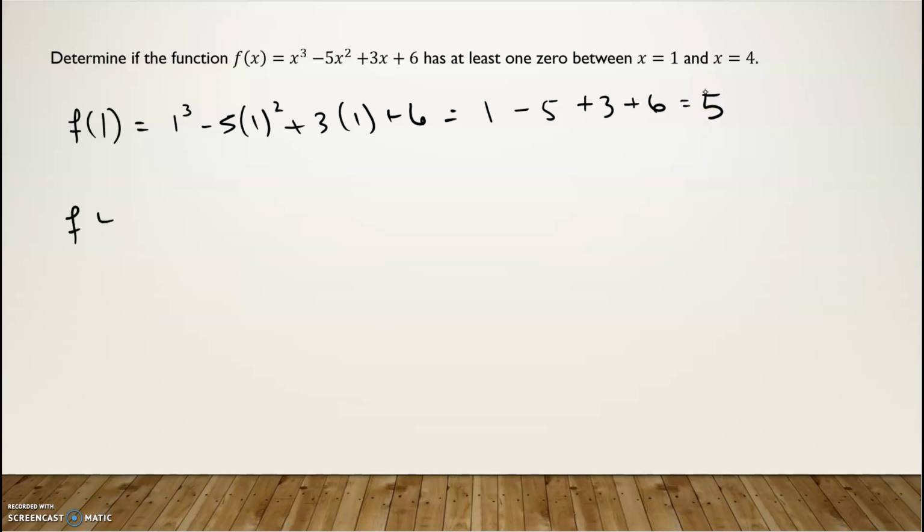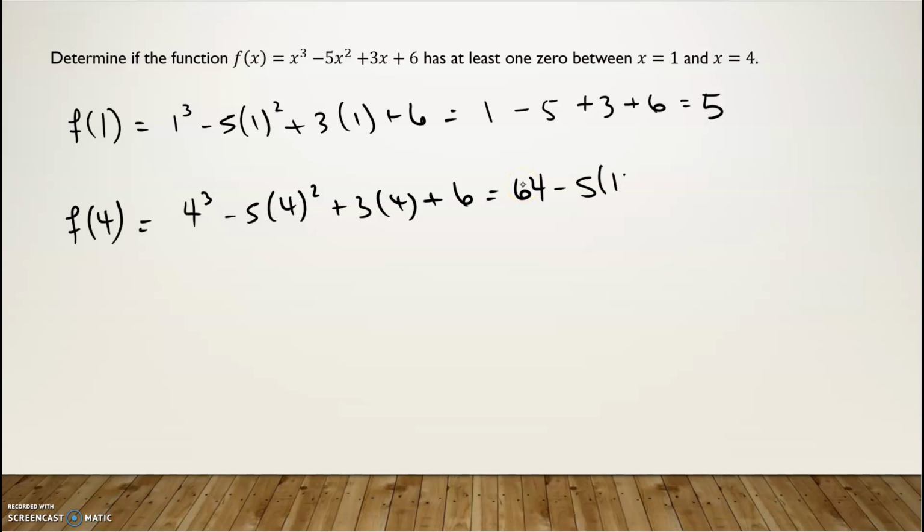Now I'm going to plug in 4. So 4 cubed minus 5 times 4 squared plus 3 times 4 plus 6. 4 times 4 times 4 is 64, minus 5 times 16, which is 80, plus 12 plus 6. That will give me 2.